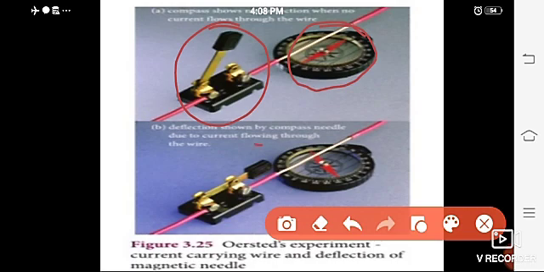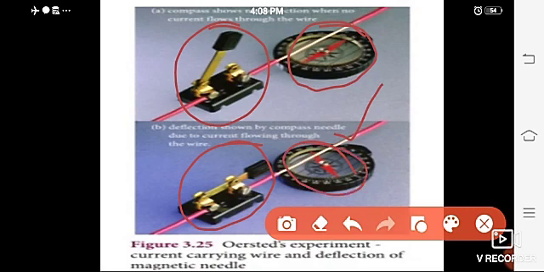In the second diagram, the key is closed, so the current is passing through the wire. This is a current carrying wire. When the current is passing through the wire, the magnetic needle in the compass is deflected.